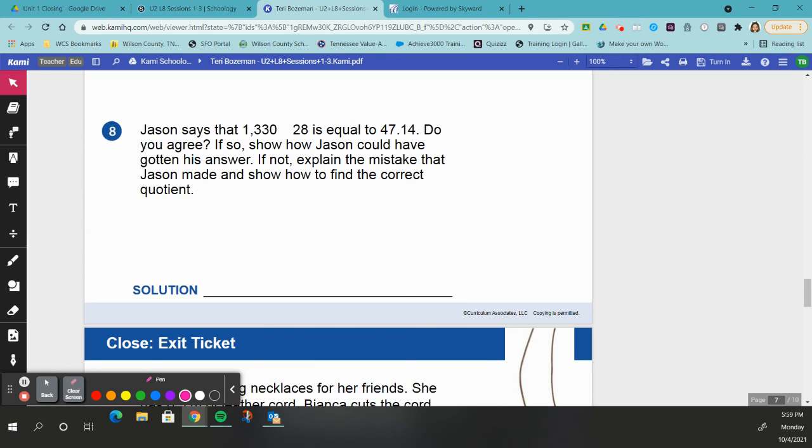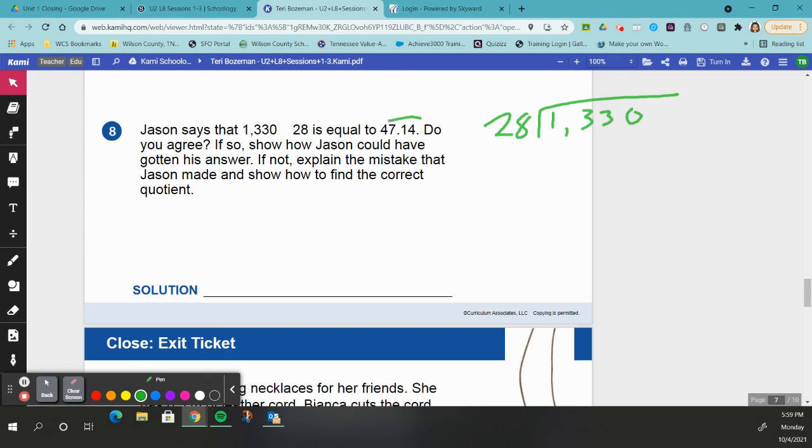All right, number 8. Jason says that 1,330 divided by 28 is what that should say, is equal to 47 and 1400ths. Do you agree? If so, show how Jason could have gotten his answer. If not, explain the mistake that Jason made and show how to find the correct quotient. So we have 1,330 divided by 28.